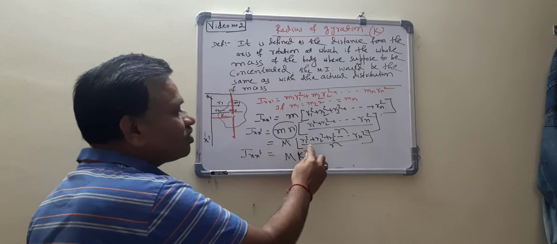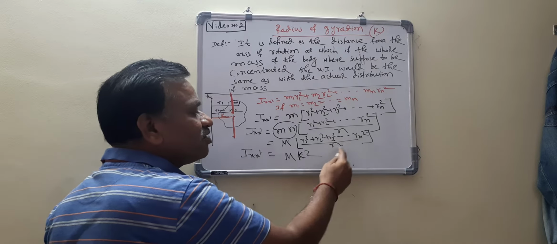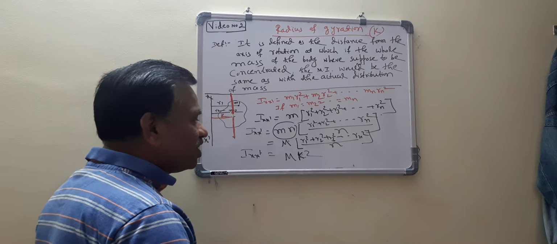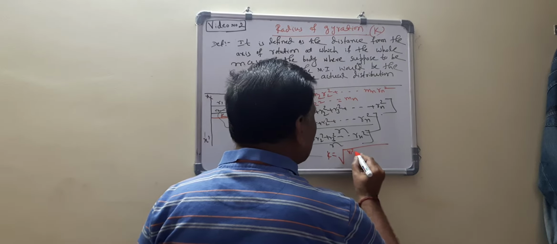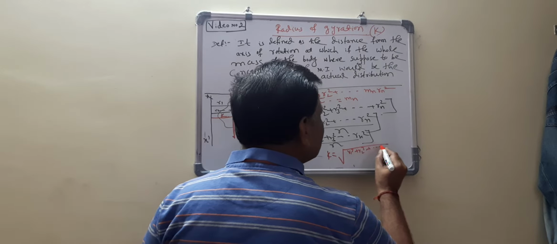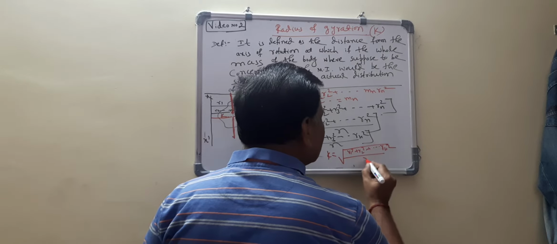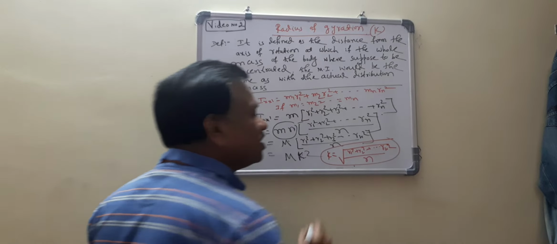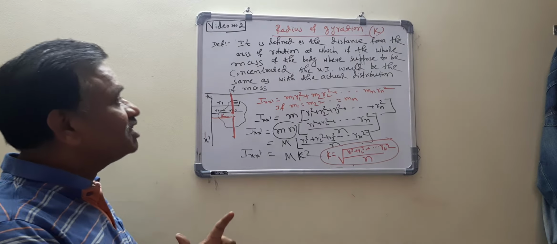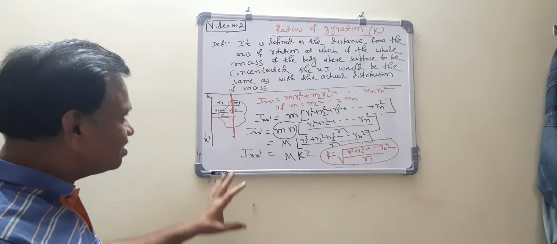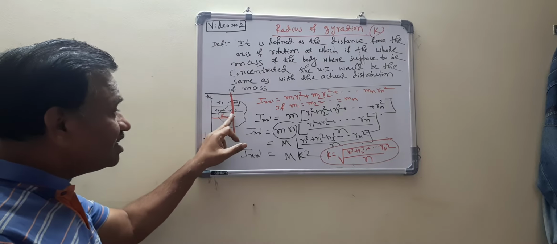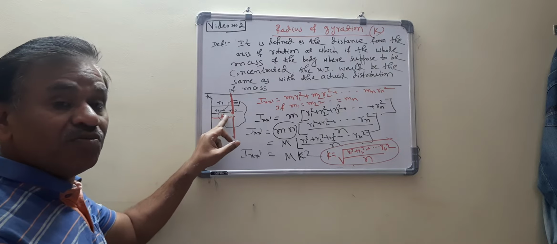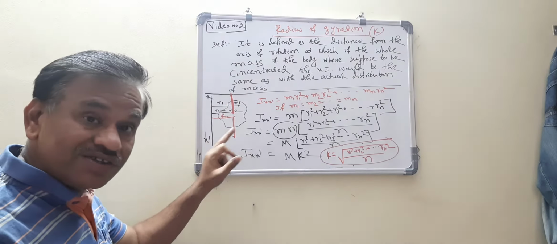This is K square. K square equals r1 square plus r2 square, up to r n square, divided by n. Therefore K equals the square root of r1 square plus r2 square, and so on, plus Rn square, divided by n. Now you can understand the definition. Instead of taking individual objects, I am taking one point where the entire mass of the object is concentrated.